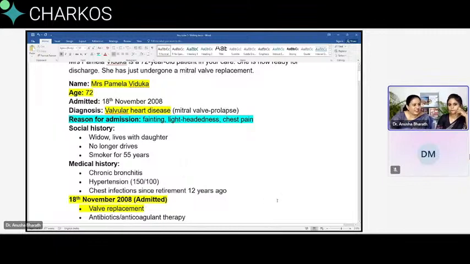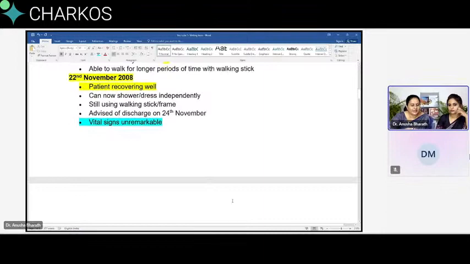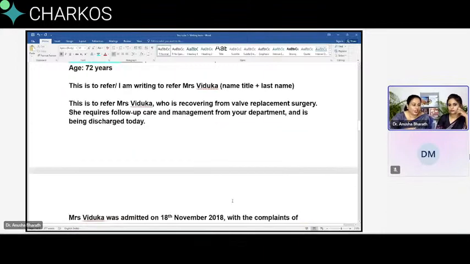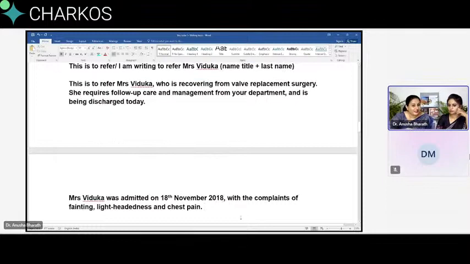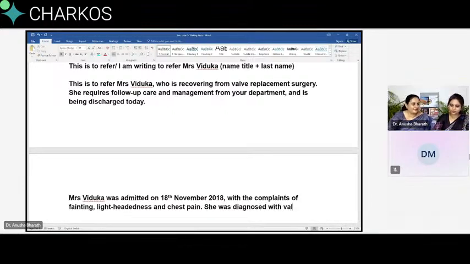Okay. So can we start writing the next sentence as she was diagnosed? Why she was? Because the admission was on 18th and you're writing the letter on 24th. Exactly. Yes. She was diagnosed with valvular heart disease.